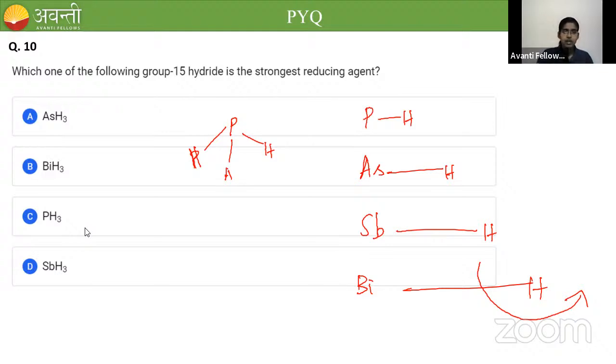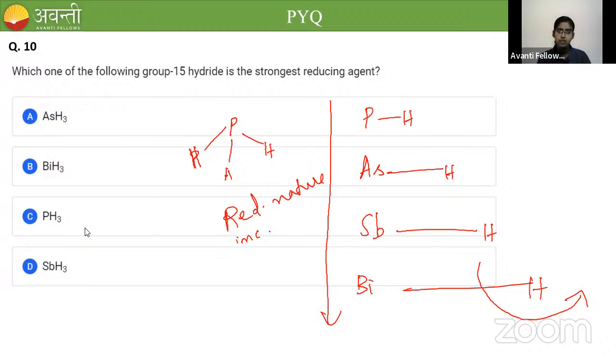So reducing nature increases on moving down the group. For all the groups' hydrides, this is the order. These are the general physical properties; under the general physical property topic, you can see all these things. Physical and chemical properties consist of this. So option B is the correct answer.